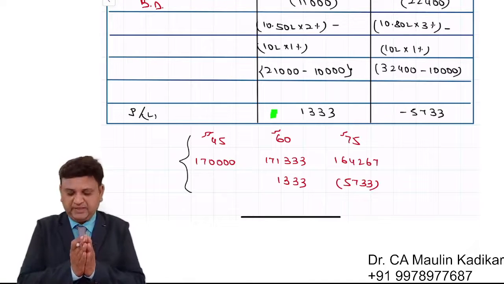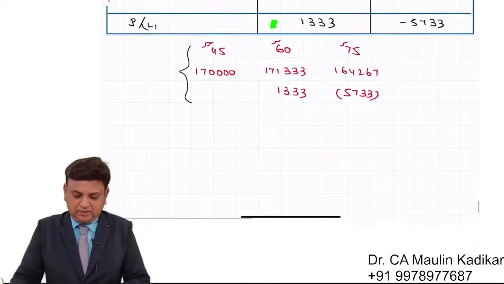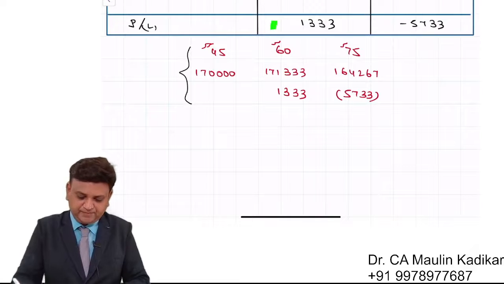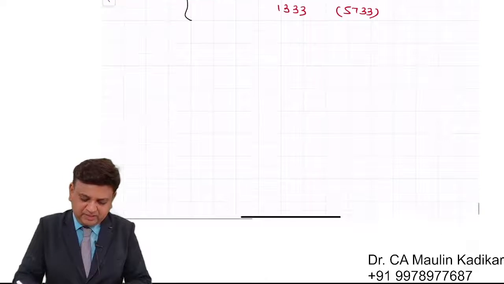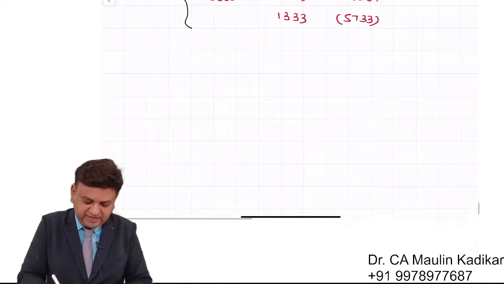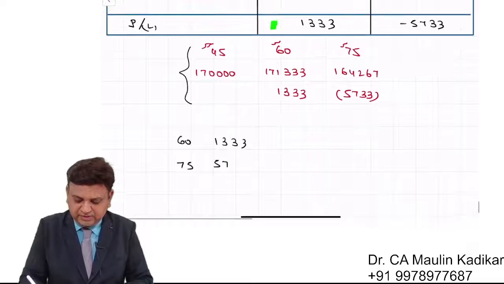Okay, now this is what we have done. I have a small question before we proceed further. In case of incremental approach, we have the answer for 60 days 1,333, and for 75 days it is 5,733 negative.